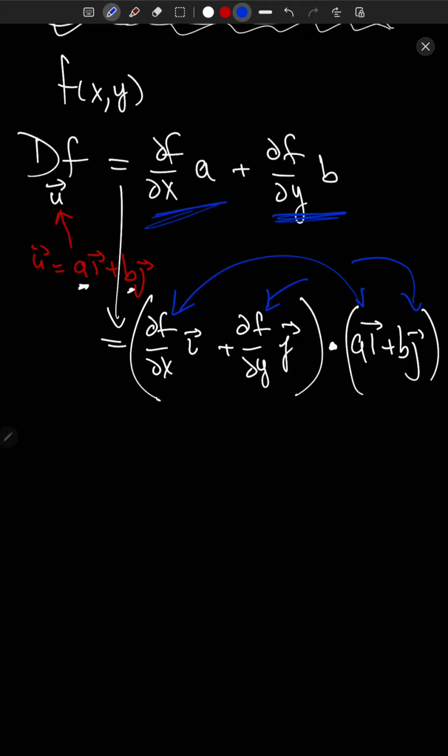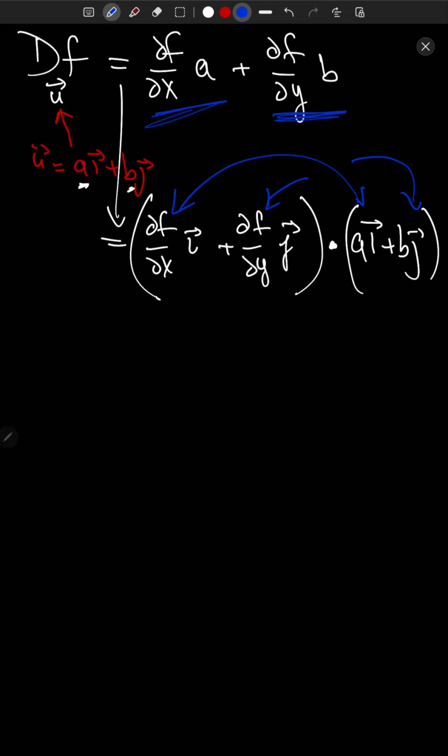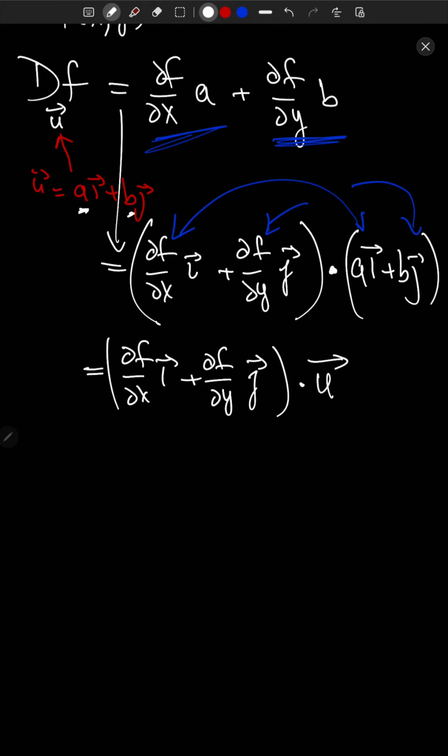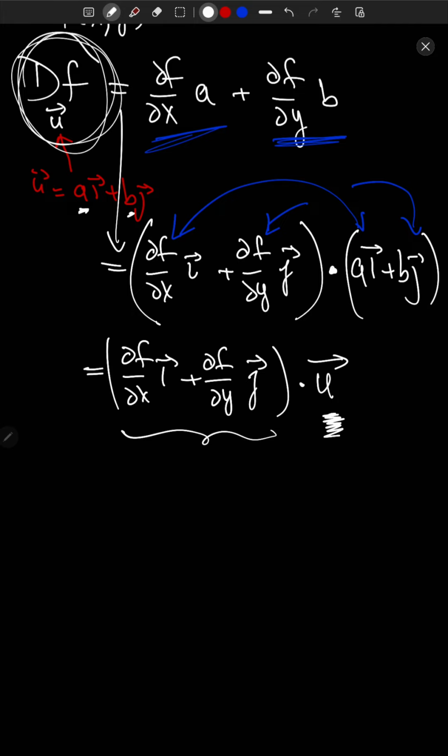However, notice that this is equal to df dx i plus df dy j, dot u. So the directional derivative is actually just df dx i plus df dy j, and then dot the direction that I'm interested in.